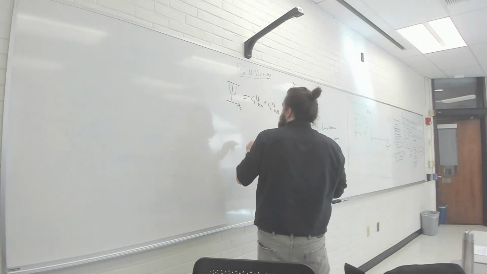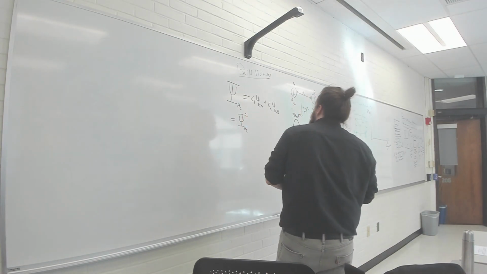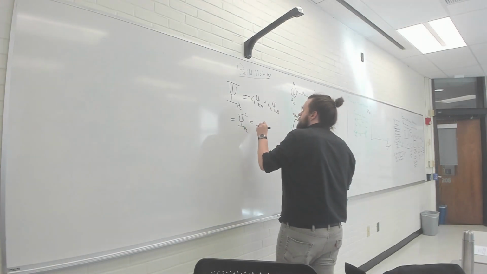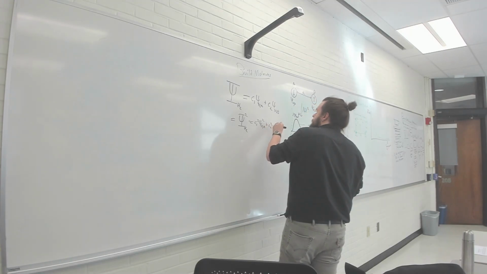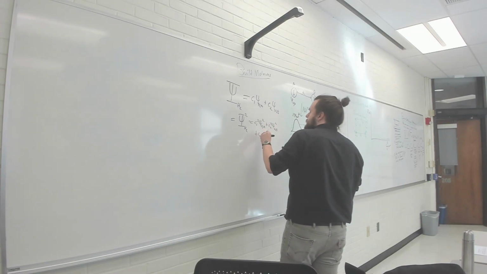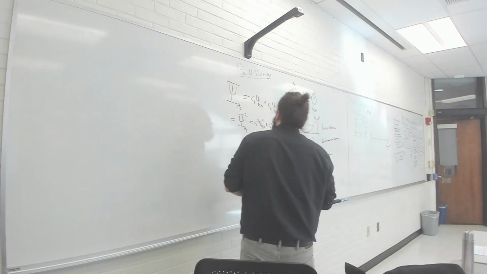So that means the square of the wave function is going to look like C1 squared psi 1sa squared plus C2 squared psi 1sb squared plus C1 C2 of psi 1sa psi 1sb, the overlap between the two, if you will.